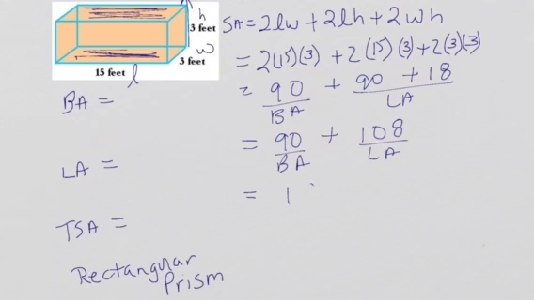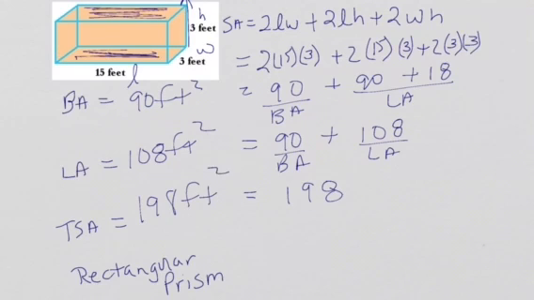When I combine them together, 198 is going to give me my total surface area. So my base area is 90 feet squared, lateral area 108 feet squared, total surface area is 198 feet squared.